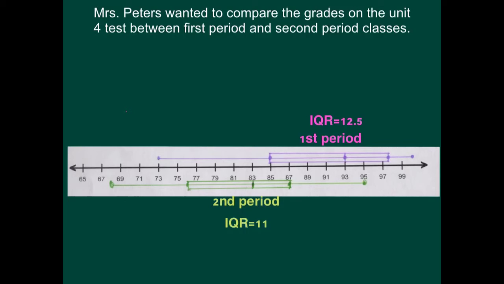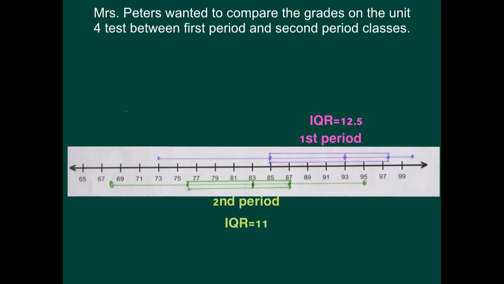So I took my calculator and I took my lower quartile and my upper quartile, I subtracted them and I got the IQR, the interquartile range. This one is 12.5. Now my interquartile range for my second period is 11. What this means is that for my first period, that 50% of my data is more spread out.